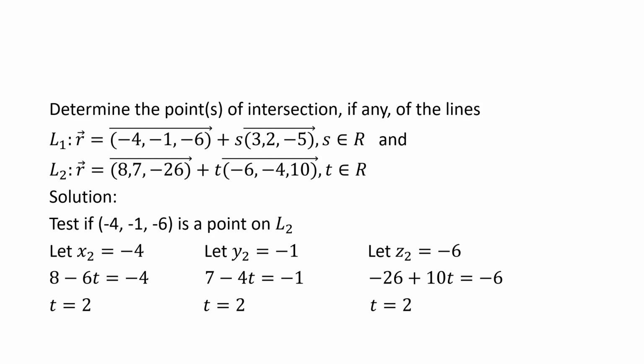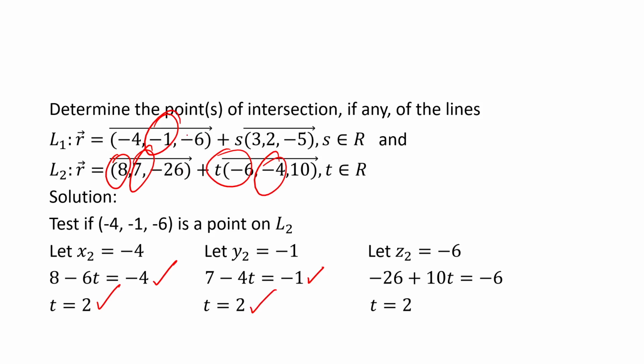So testing whether or not negative 4, negative 1, negative 6 is on line 2, we let 8 minus 6t equal negative 4. When we solve for t, we see t is 2. Then we let 7 minus 4t equal negative 1, because negative 1 is the y value we're curious about. When we do that, we see t is equal to 2.